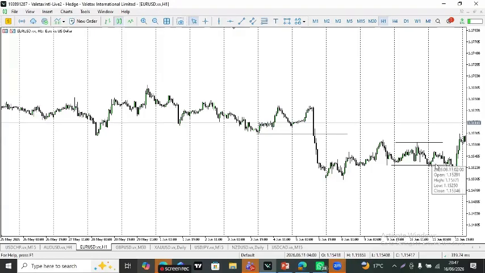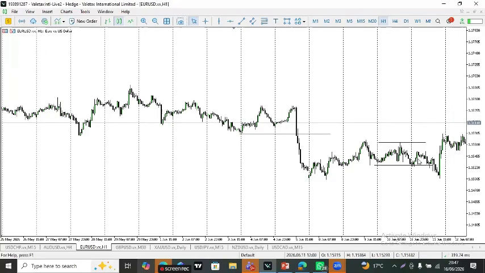Price internally consolidates, and then look what happens the next day. This day here, price action breaks slightly below the previous day's low, the line that we have marked, slightly penetrating below it. But look at what happened. We penetrated below and then boom.